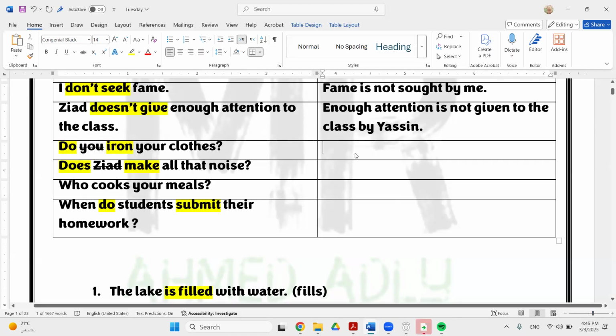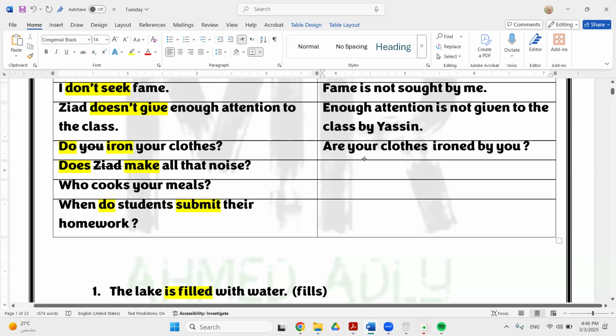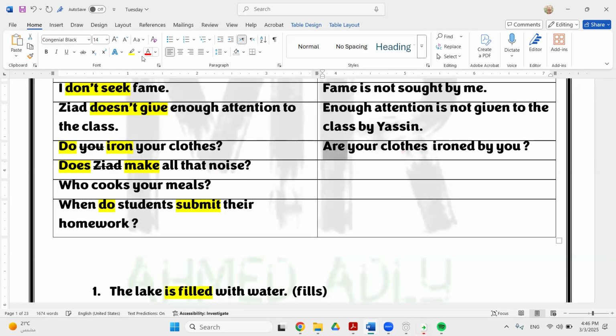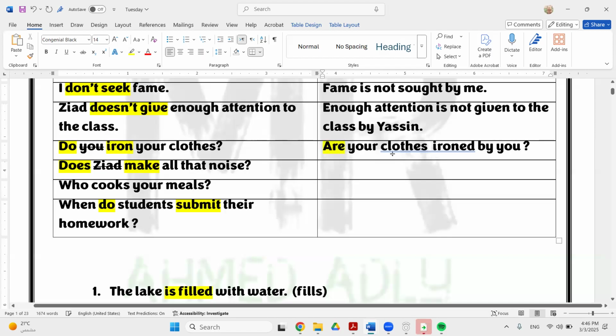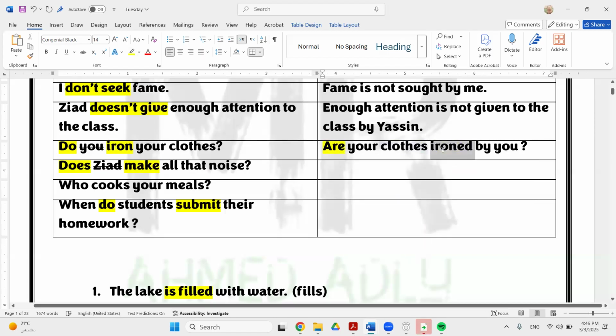Are your clothes ironed by you? I need you to notice that here we use verb to be, okay, after we remove the subject, and the past participle. Are your clothes ironed by you?